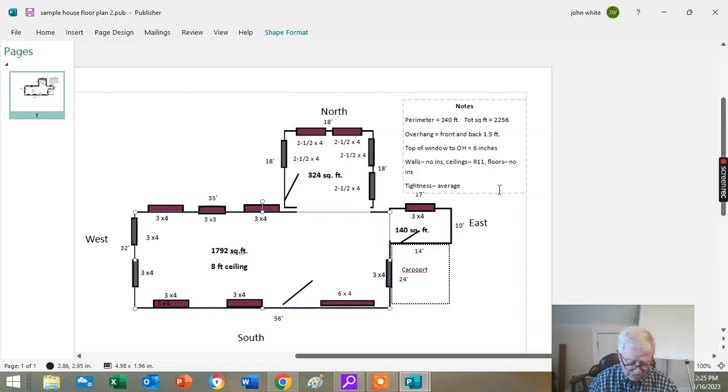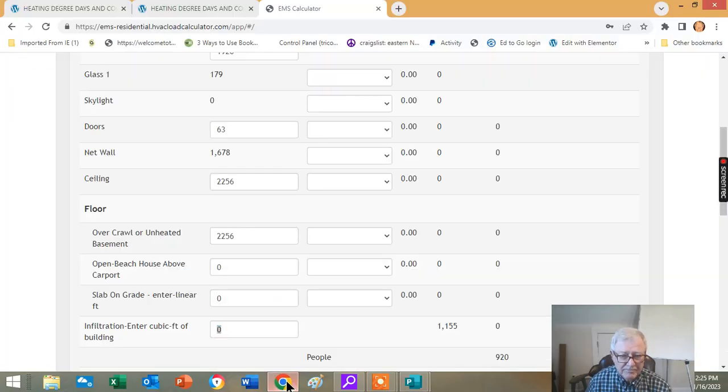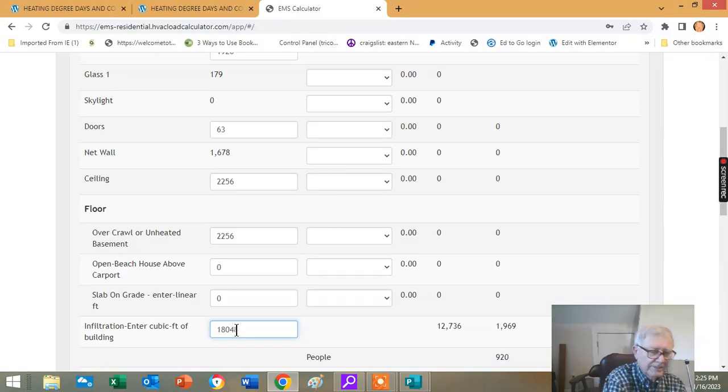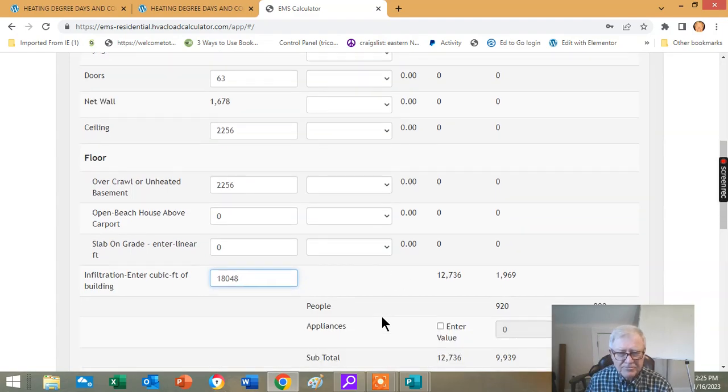I got 2,256 times 8 feet, 18,048 cubic feet. Gotta get my numbers right. Okay, you'll notice I did not put any commas in here. If you put a comma in there, it'll mess up your calculation. So that's what you got.